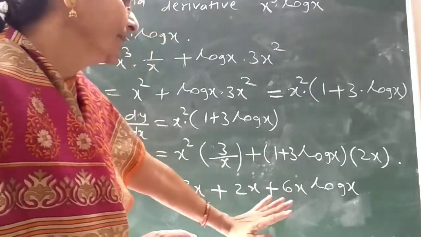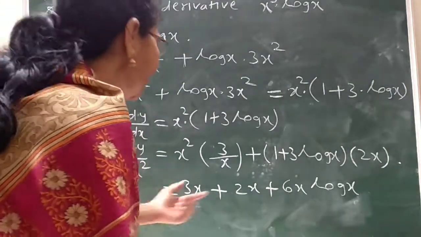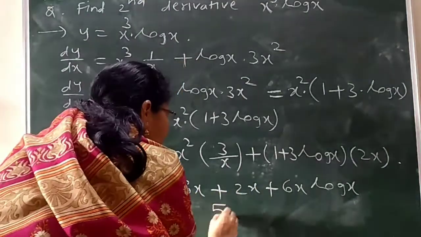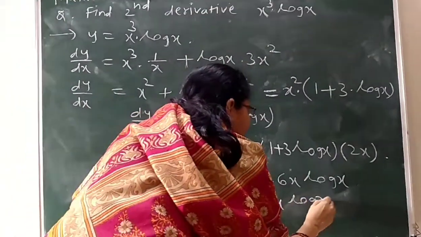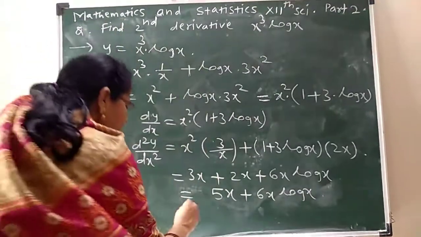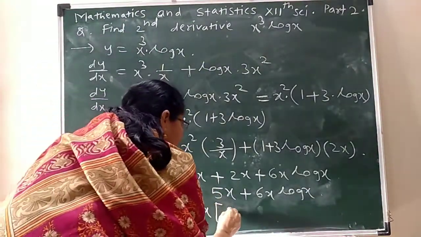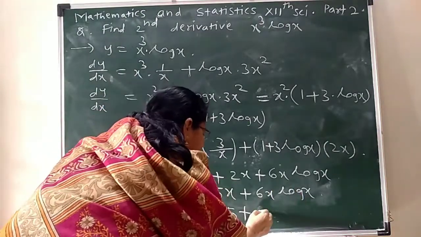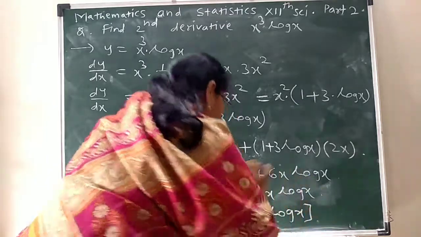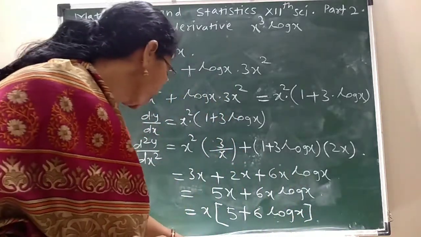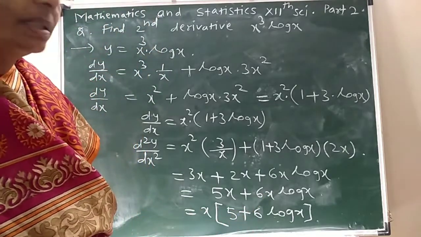From this we get 5x plus 6x log x. The next step of simplification is to take x common, so 5 plus 6 log x. This is the answer. x common, 5 plus 6 log x. This is the answer.